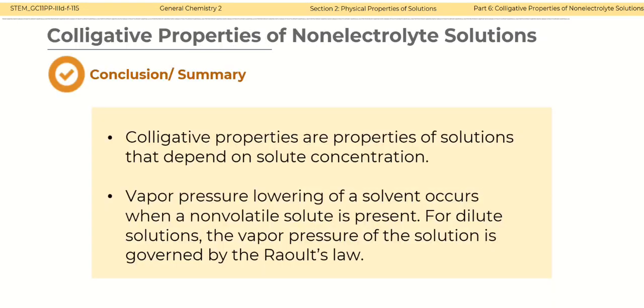To summarize, colligative properties are properties of solutions that depend on solute concentration. Vapor pressure lowering of a solvent occurs when a non-volatile solute is present. For dilute solutions, the vapor pressure of the solution is governed by Raoult's law.